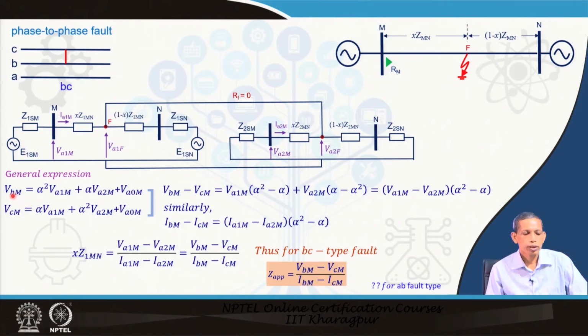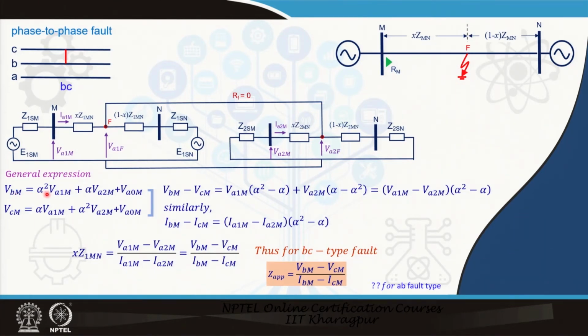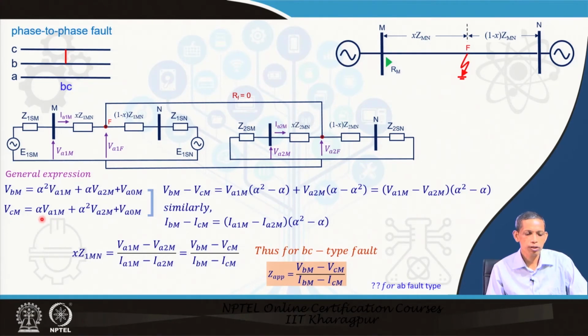We know that the phase voltage VBm can be expressed in terms of the positive sequence voltage, negative sequence voltage and zero sequence voltage, and these are the expressions we know from the sequence components. For phase C also, the corresponding relation becomes alpha Va1m plus alpha square Va2m plus Va0m. So, these are the general expressions for phase B and phase C.